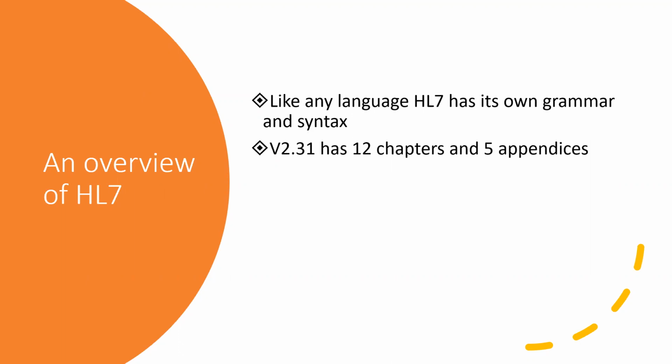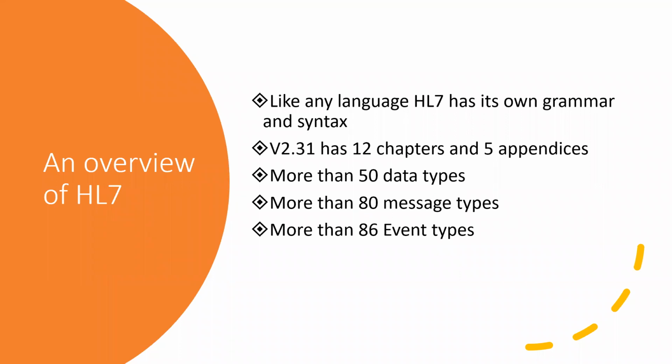We had other versions as well, which we'll talk about in the next slide. As a data standard or language, it has more than 50 data types, 80 message types, and 86 event types. You may not understand these three terminologies deeply if you're new to HL7, but don't worry, we'll take a look at them in the upcoming slides.